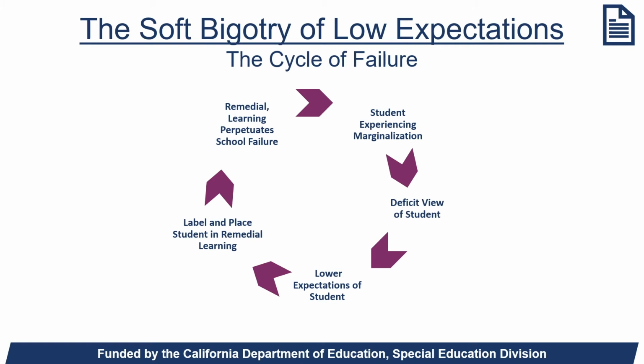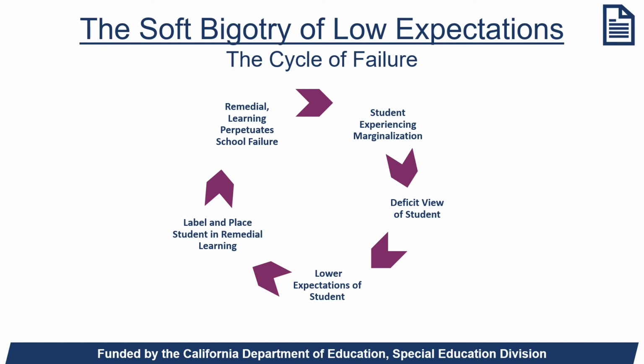Commonly what happens when we have a deficit view of students is that we lower the expectations for them. Then we label them and provide them with remedial coursework or place them in programs that often perpetuate low expectations. And thus, the student experiences marginalization.